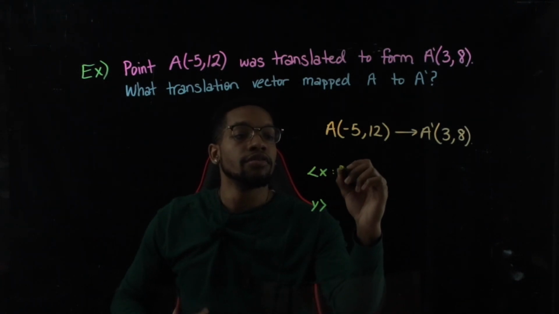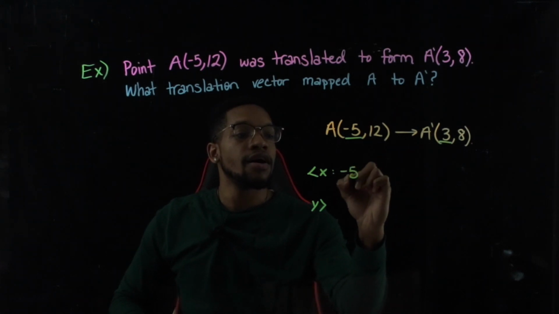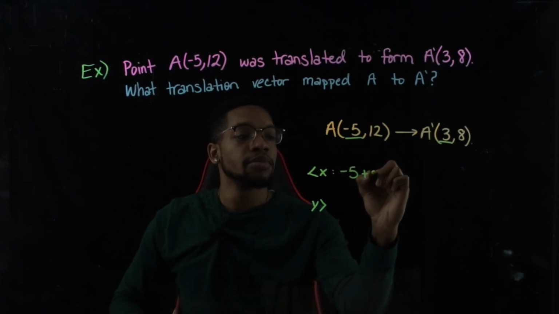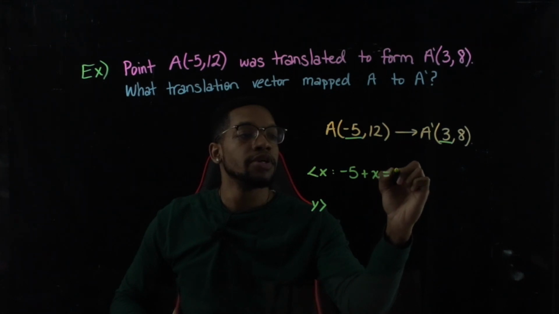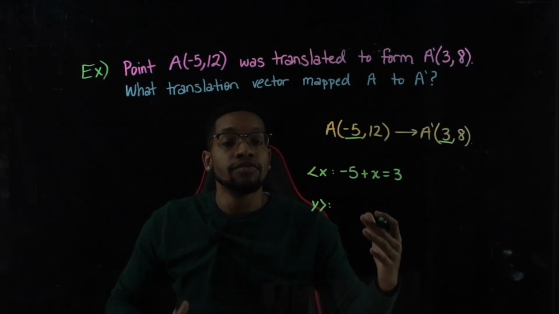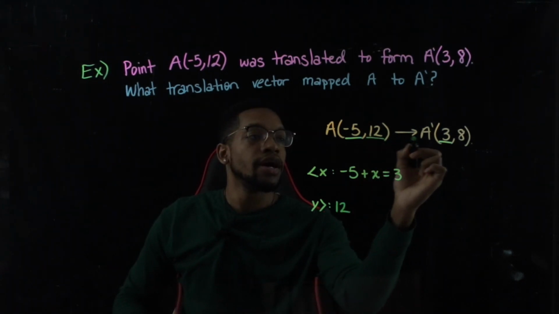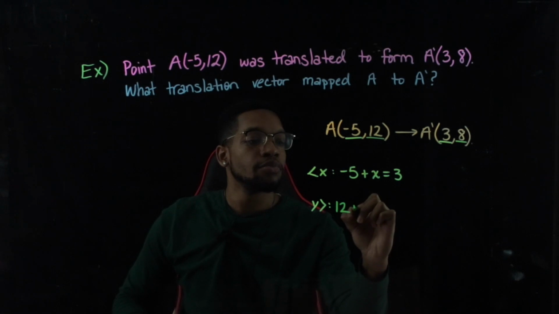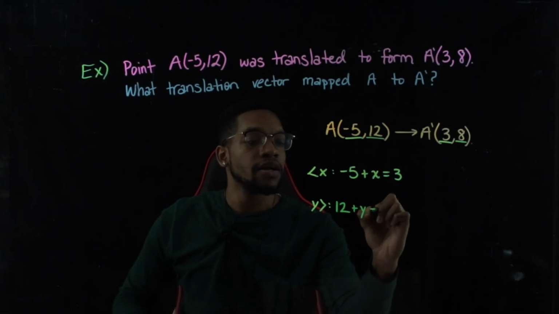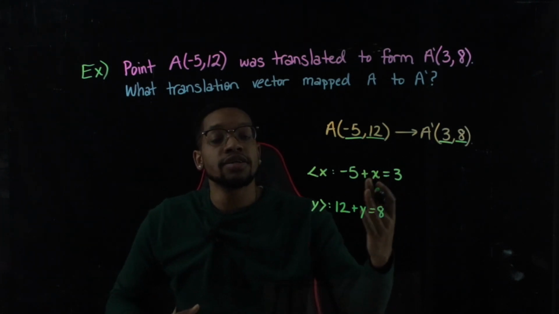And so looking at the X's, we started off at -5, and I add some X to get me to 3. And I just got to figure out what that is. For the vertical component, I started out at 12, and then I ended up on 8. So 12 plus some Y is going to get me 8. So now I just got to do a one-step equation to figure out my X and my Y.